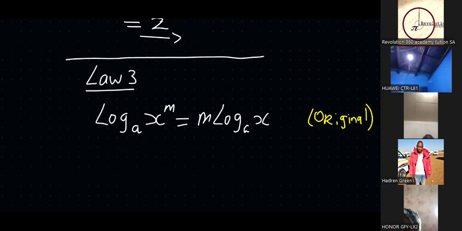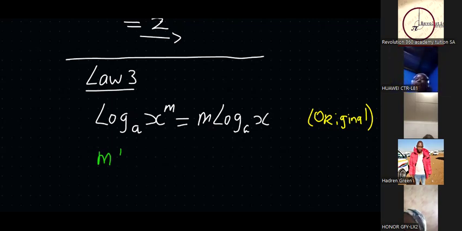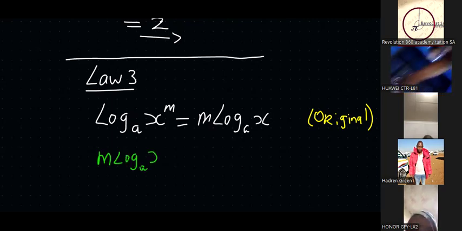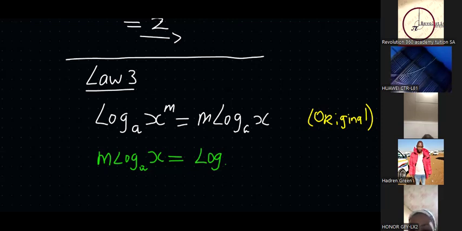It says that m times log of a base x is going to be equal to log of a base x to the exponent of m. Am I making sense? So to answer your question, this is the law that I've used there. I hope I've answered you.